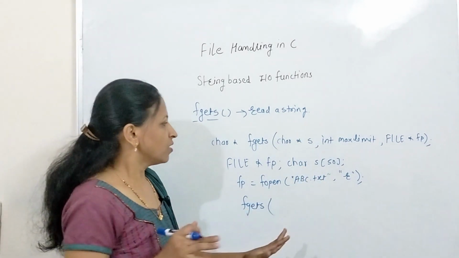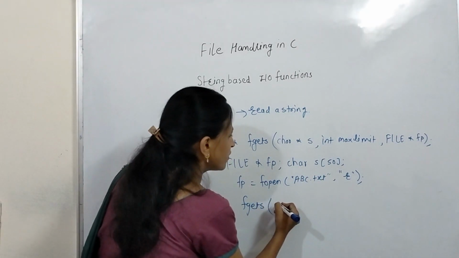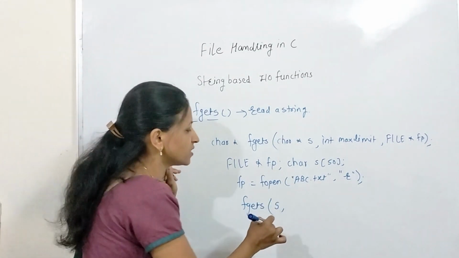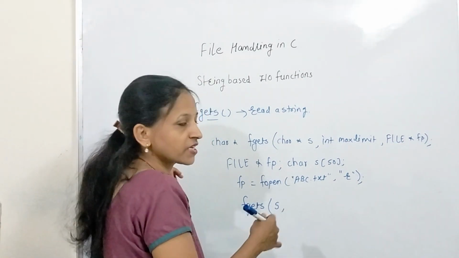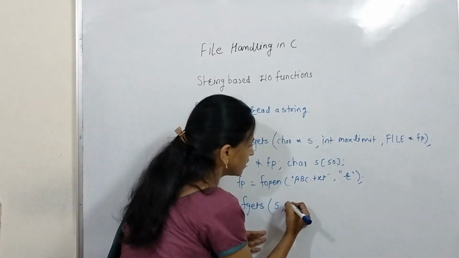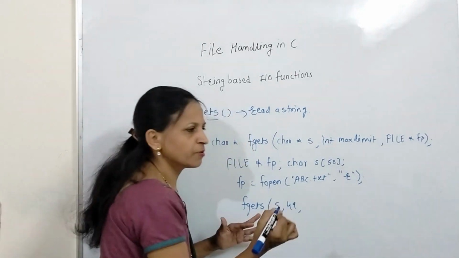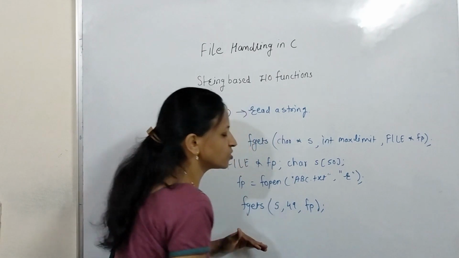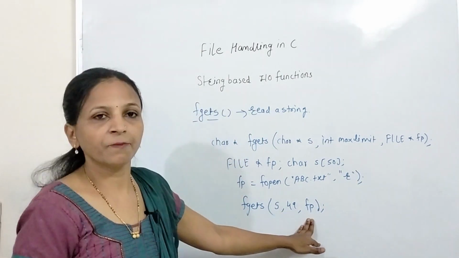Now the first argument we pass is s, where you want to store that string after reading. Next is how many maximum characters may be in that string; here I am writing 49. And next we pass the file pointer, which is fp.